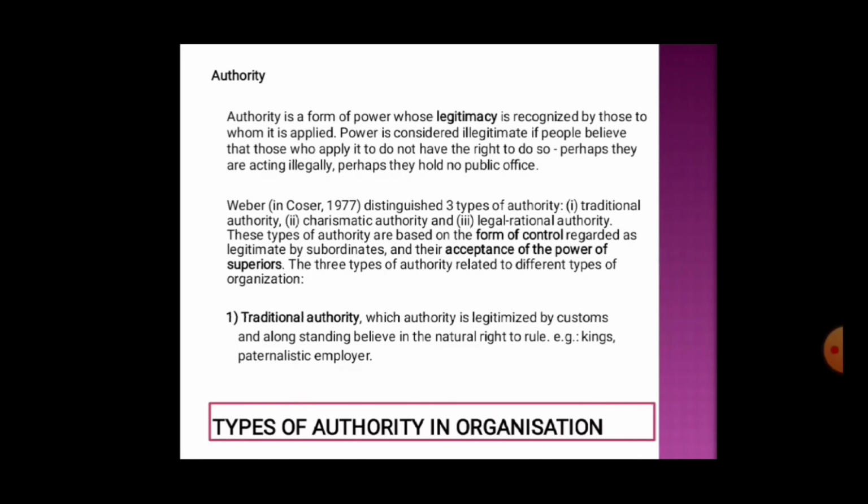In authority, there are three types that we are going to go through together. The first one is traditional authority, in which authority is legitimized by customs and a long-standing belief in the natural right to rule, or a form of leadership in which the authority of an organization is largely tied to tradition or custom.